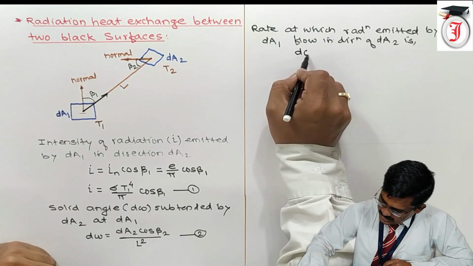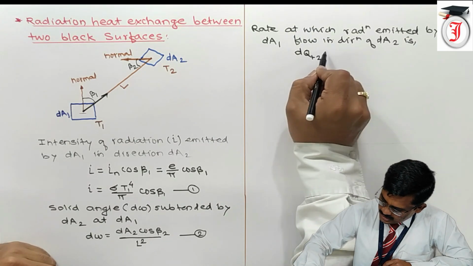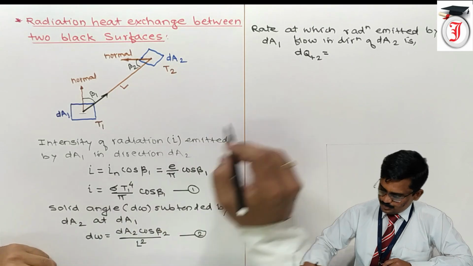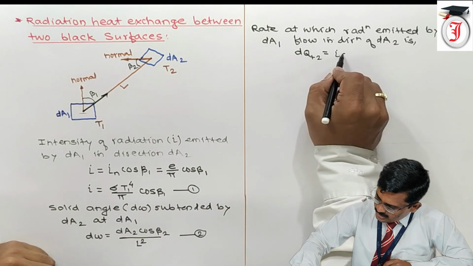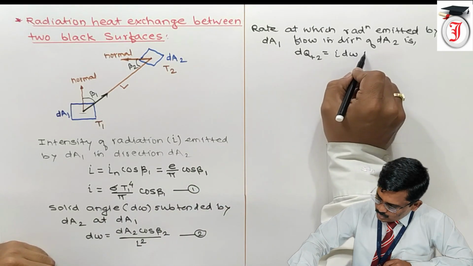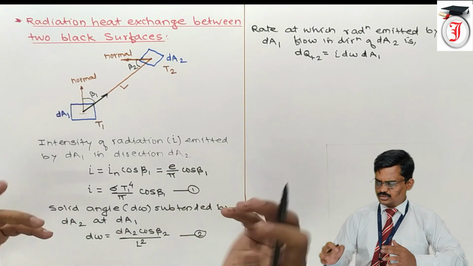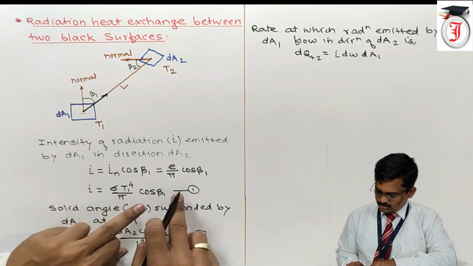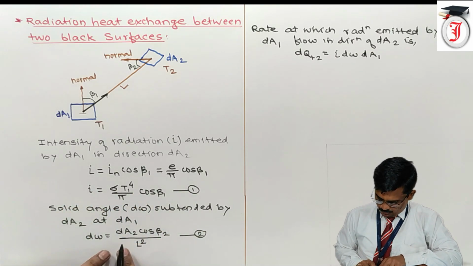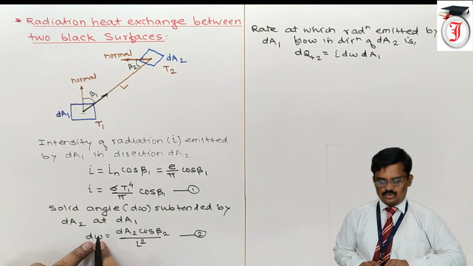Let us consider dq1 to 2 is equal to I d omega into dA1. So let us put in all the values. From equation 1 we put the intensity, and from equation 2 we put the solid angle.